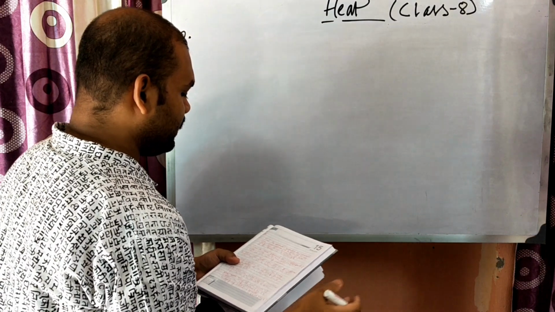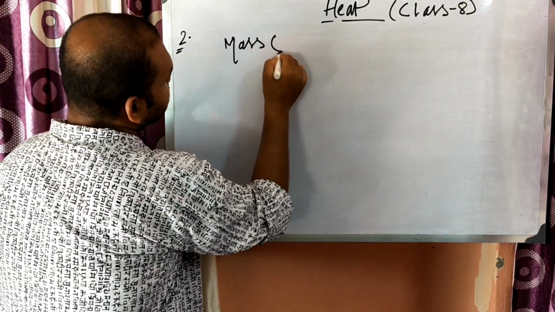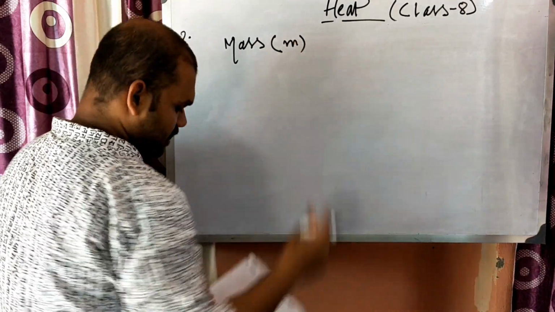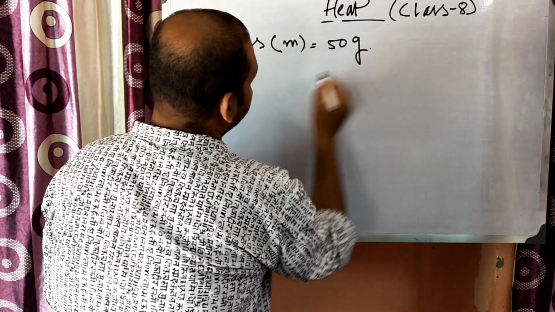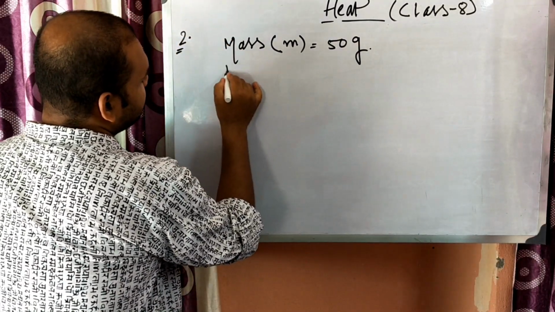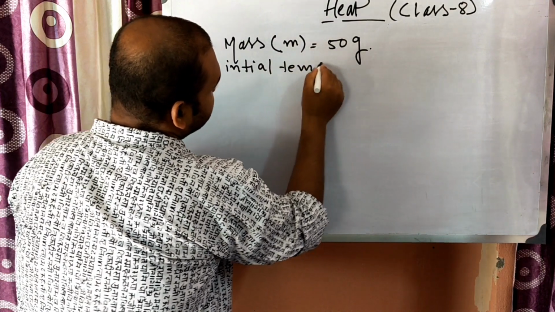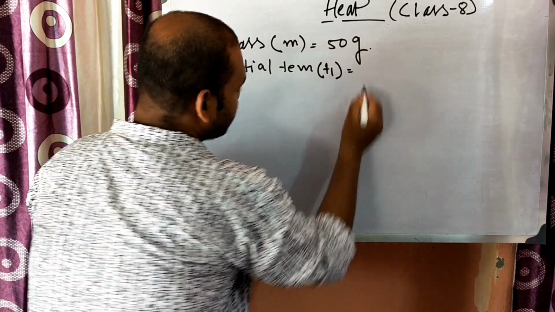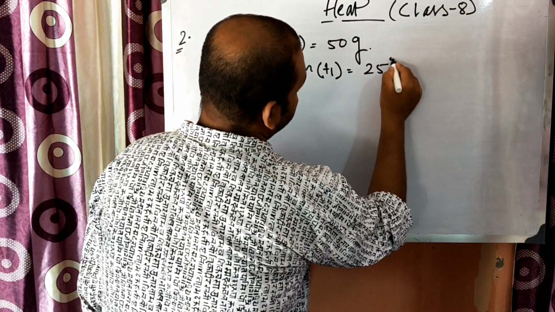So from that, what are the things that are given? We are getting that mass of water is 50 gram. Next, initial temperature, suppose T1, so initial temperature is 25 degrees Celsius.